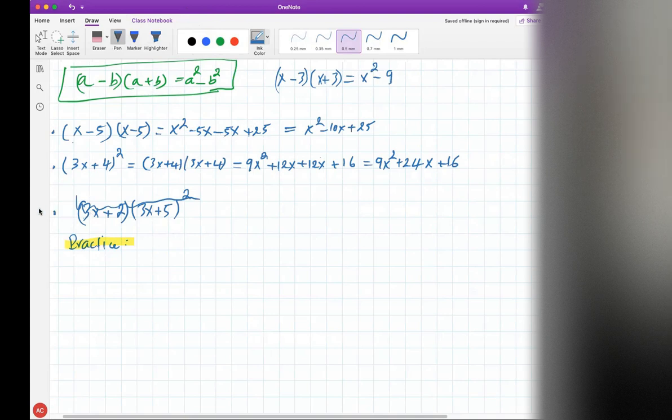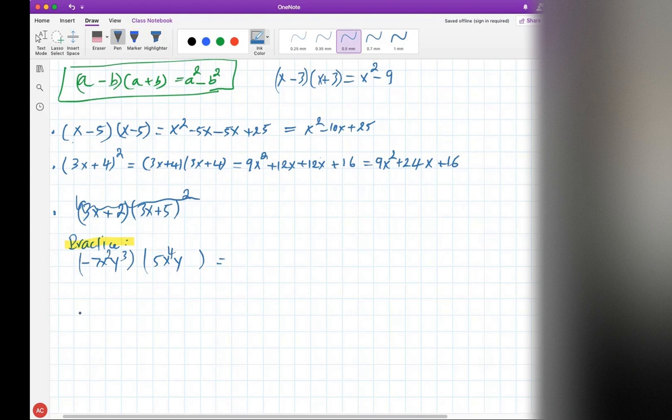All right, so let me give you, just like we saw previously, -7. I'm going to multiply that first by another monomial, like this.